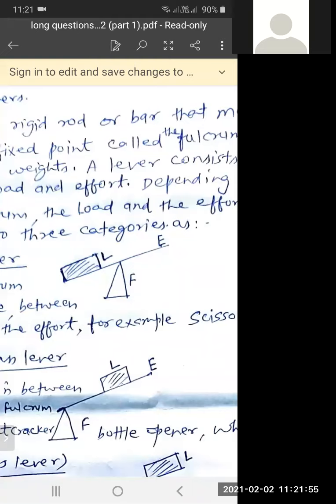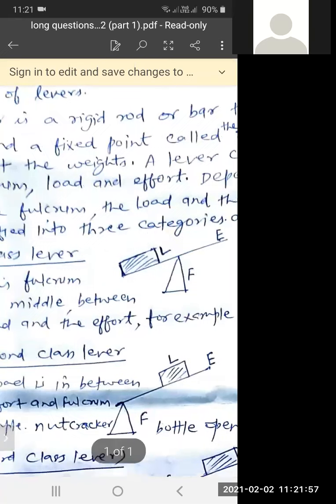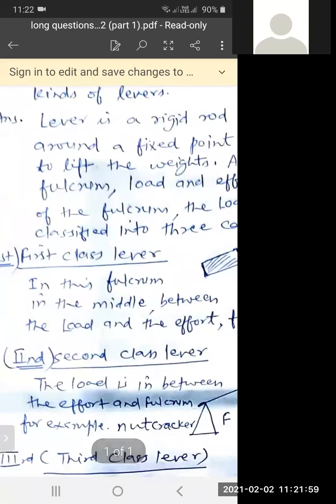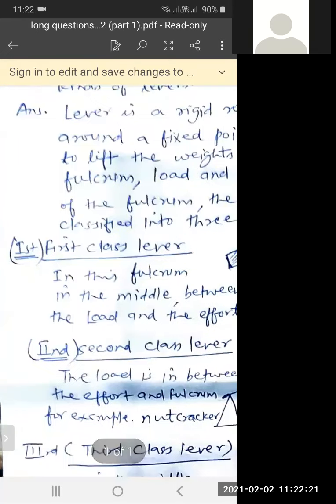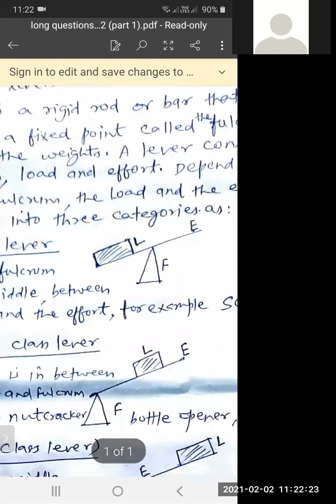Please note down. Now we'll study in detail what is a first class lever, then what is a second class lever, then what is a third class lever, along with the diagram. Already in your book the diagram is there and the examples are also given. So students, first class lever, what is a first class lever? See the diagram.